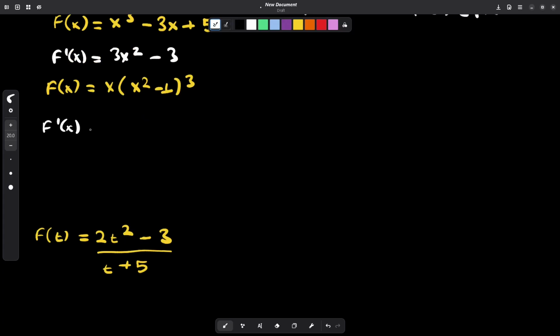f derivative x, again two terms multiplied, so we need to use the multiplication rule. Differentiate the first term, which is 1, no need to write it, times x squared minus 1 cubed. Now plus I differentiate the second term, but I'm seeing a composite function, so I need to start from the outside of it. 3 is the power here, so 3 multiplied by x squared minus 1, subtract 1 from the power, and now multiply this with the derivative of the inside, 2x, and multiplying with the first term.